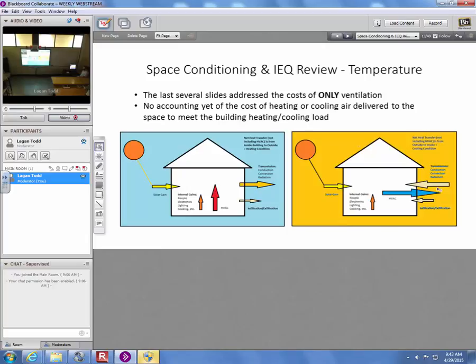In the warmer periods of the year, we still have some solar gain. We have now our transmission heat transfer going the opposite direction. Okay, it's warmer outside than it is in the building, so our heat now is moving through the envelope to the inside of the building.